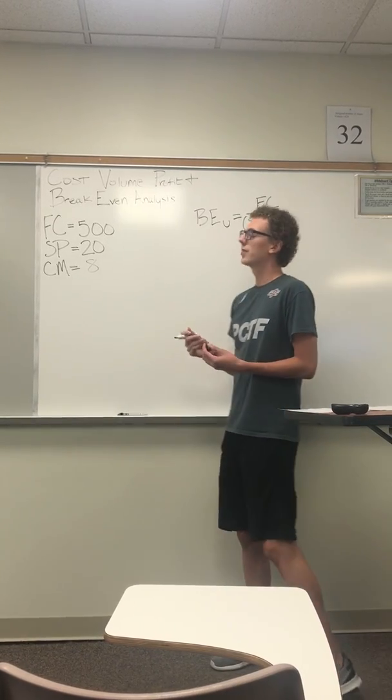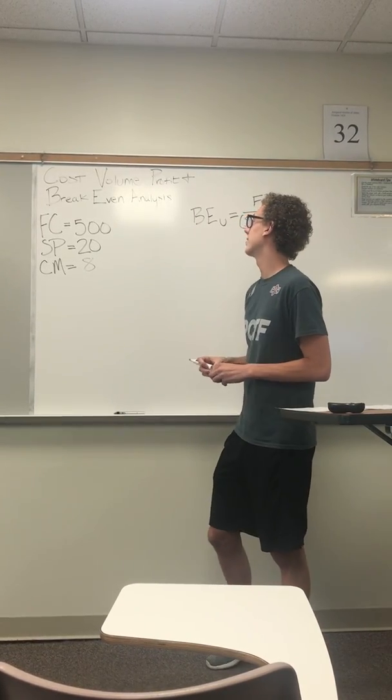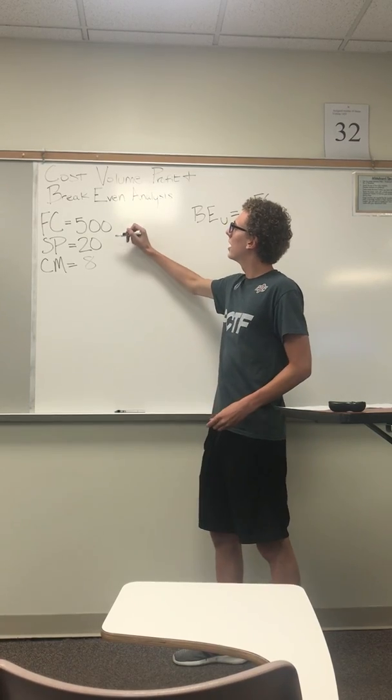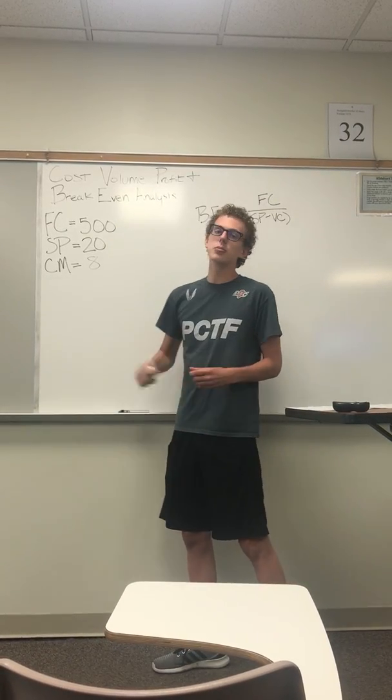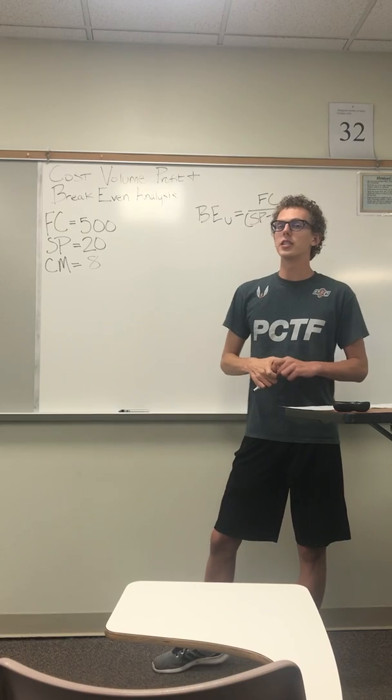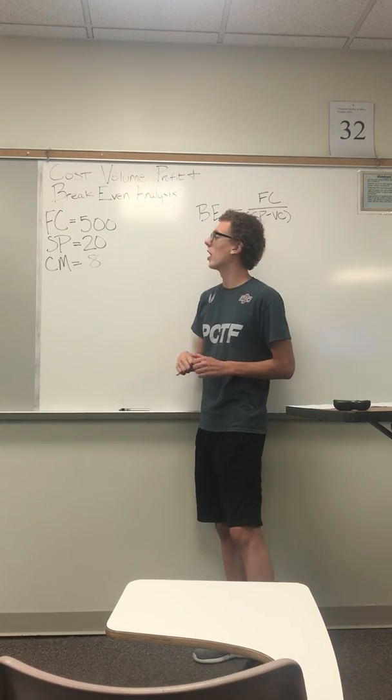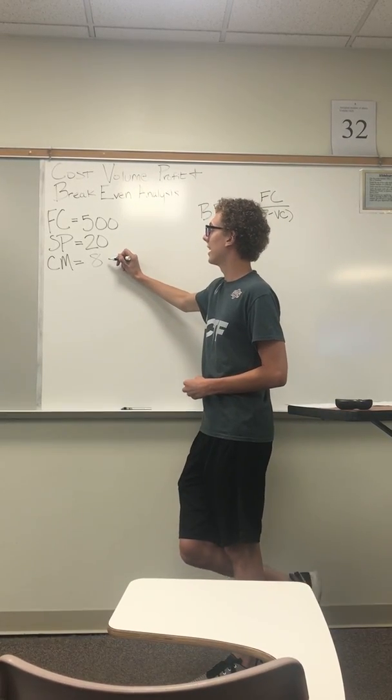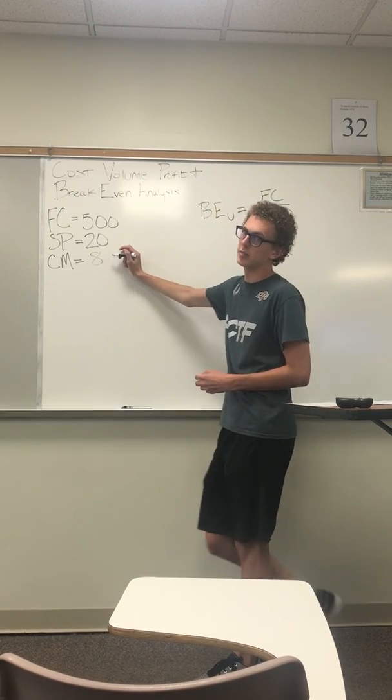Now in the problem, variable cost wasn't given. All that was given was that fixed costs were 500, a sales price of 20, and a contribution margin of 8. But everybody should remember from Accounting 221 that contribution margin is sales price minus variable costs.